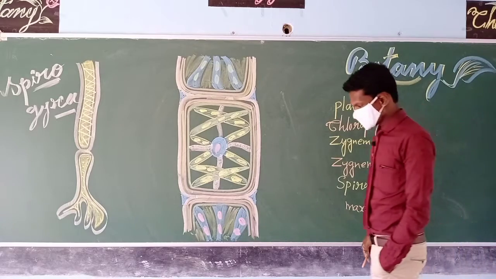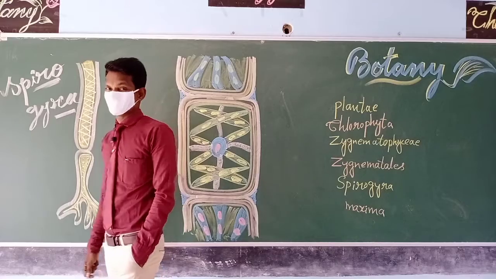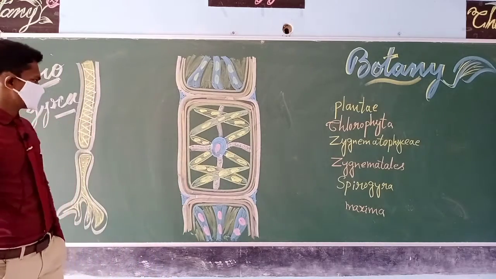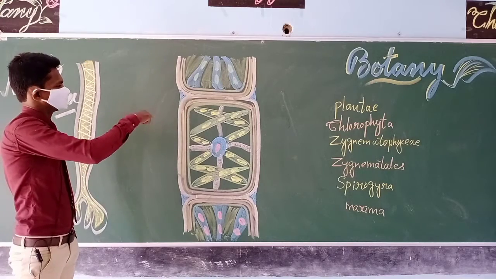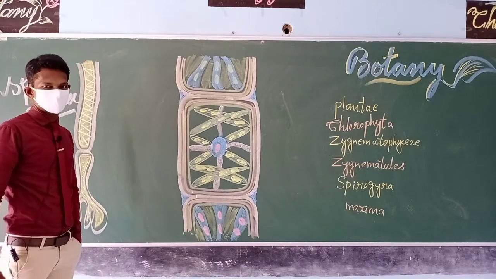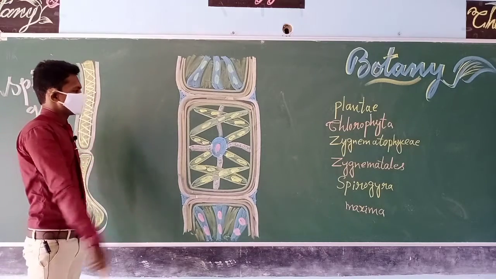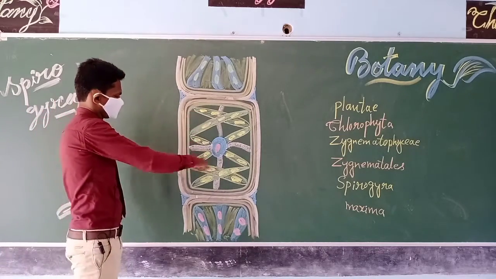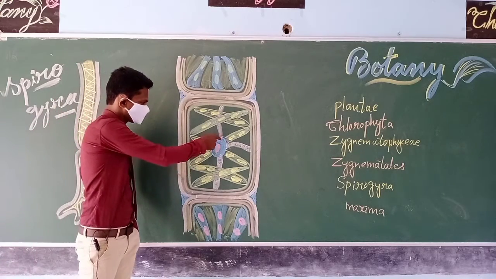So finally, how can we identify this Spirogyra maxima? The identification characters at the final step: cylindrical shaped cell, long and elongated, spirally arranged, ribbon-like or ladder-like chloroplast, and possessing pyrenoids.